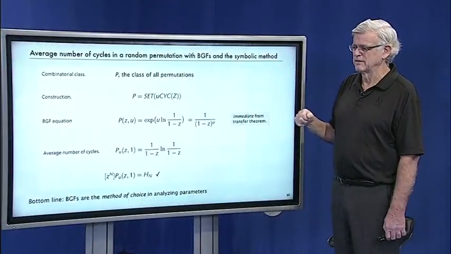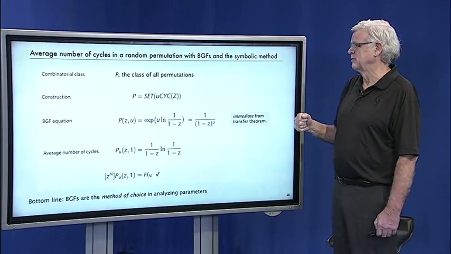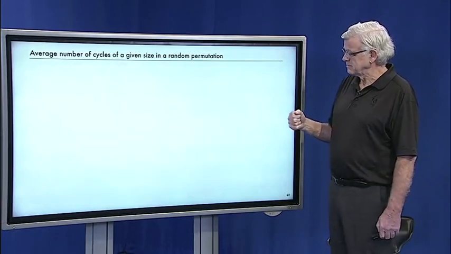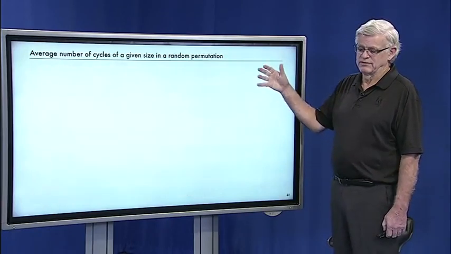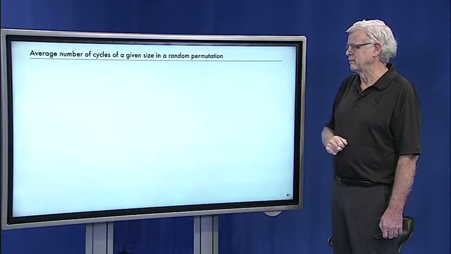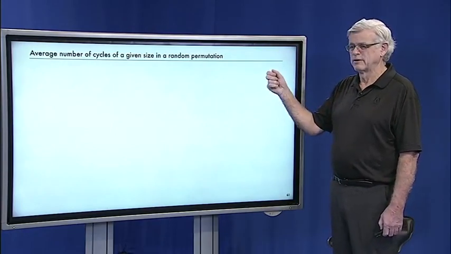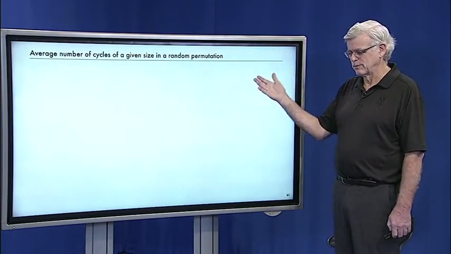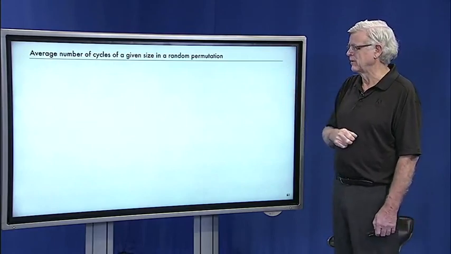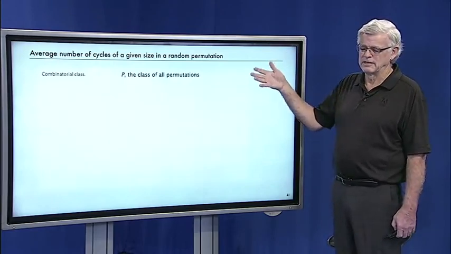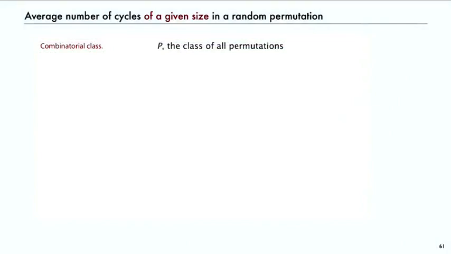We're going to see many examples of that in part 2. So here's, say, another example. So you wanted to know the average number of cycles of size 1, and we did an exercise with 2 and r and so forth. So here's that derivation using the symbolic method.